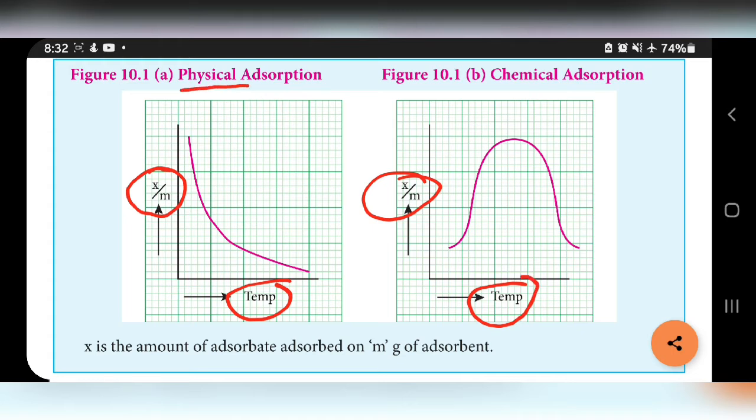This is the graph for physical adsorption and this is the graph for chemical adsorption. Here x by m is the adsorption. x is the amount of adsorbate adsorbed on m grams of adsorbent. So m is the adsorbent and x is the adsorbate.